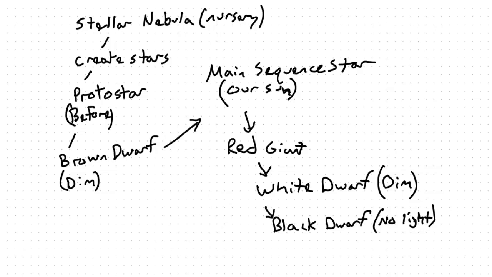And then, if the star had enough mass, now to be clear, our star does not have enough mass for that, you get a supernova.